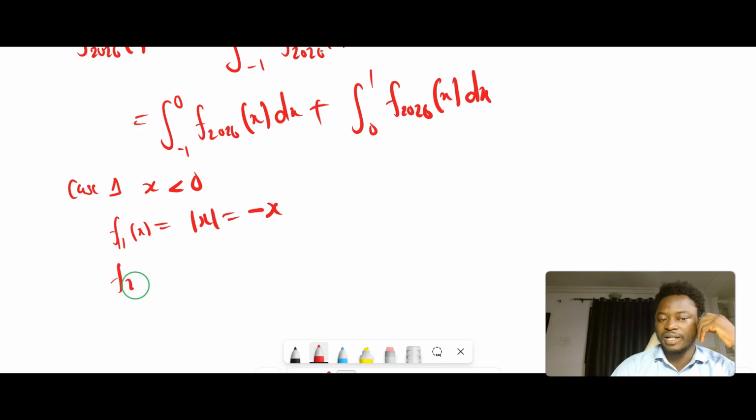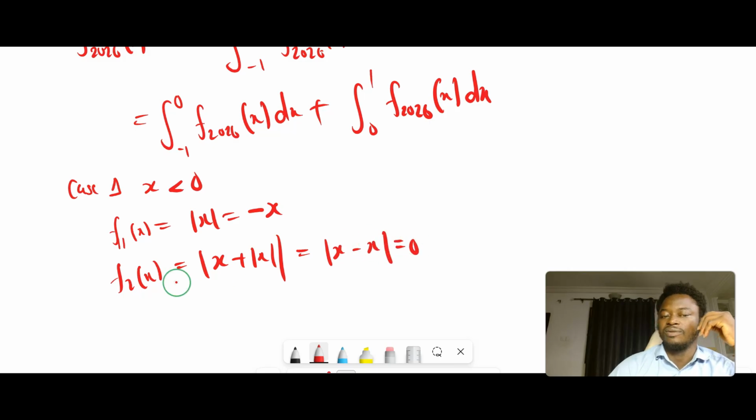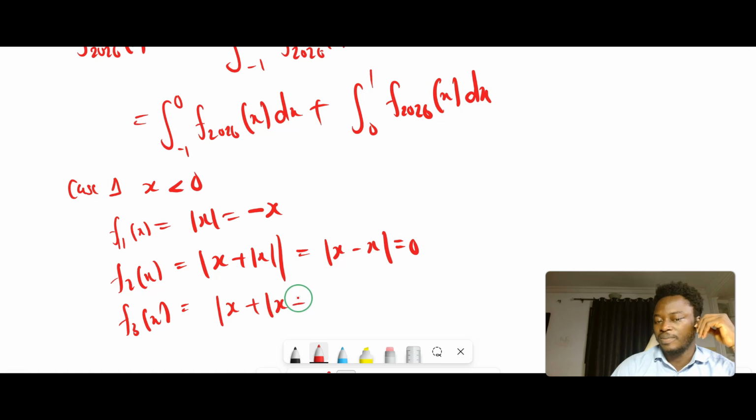Then f sub 2 of x, which is the absolute value of x plus the absolute value of x, would be absolute value of x minus x, which is 0. So because absolute value of x is negative x, then f sub 3 of x, which is the absolute value of x plus f sub 2 of x, we have already said that this is equal to 0. So this is going to equal the absolute value of x, which is going to equal negative x.